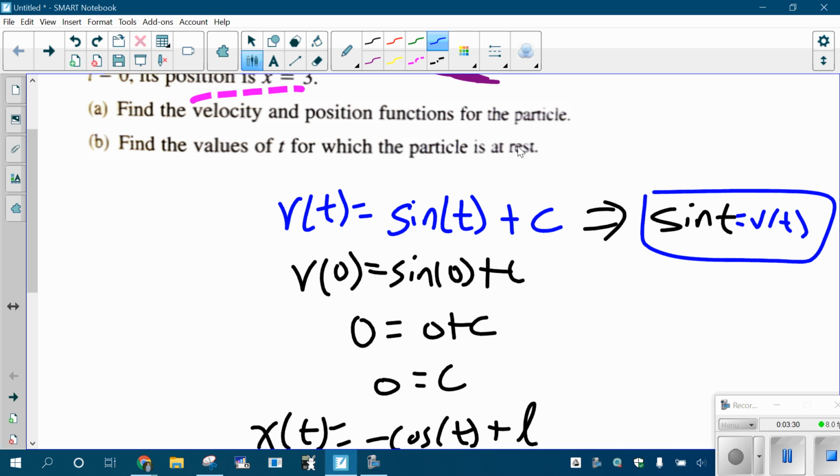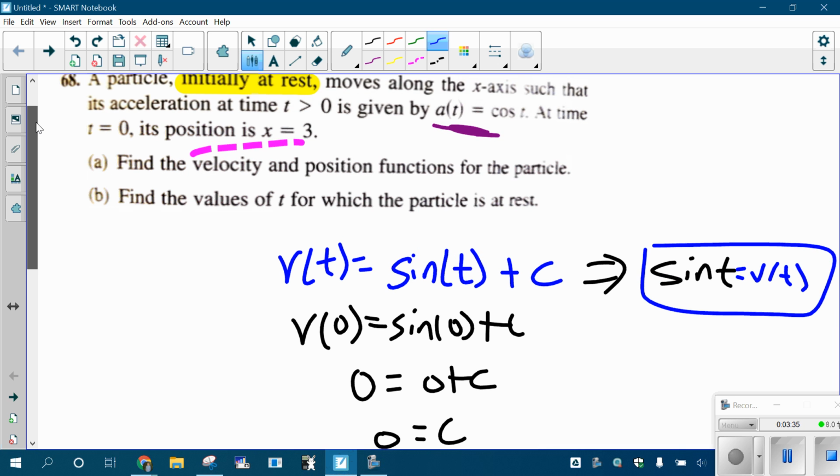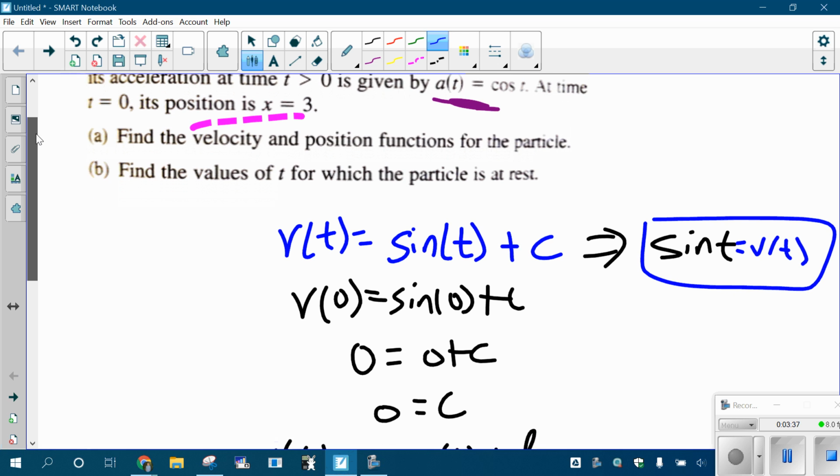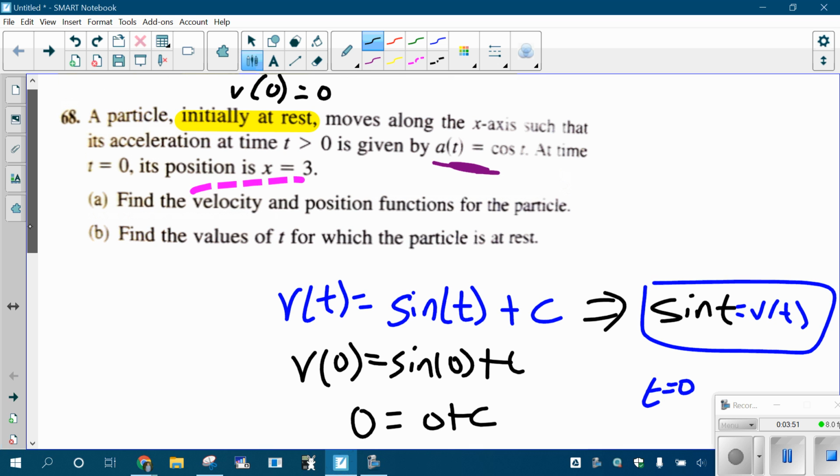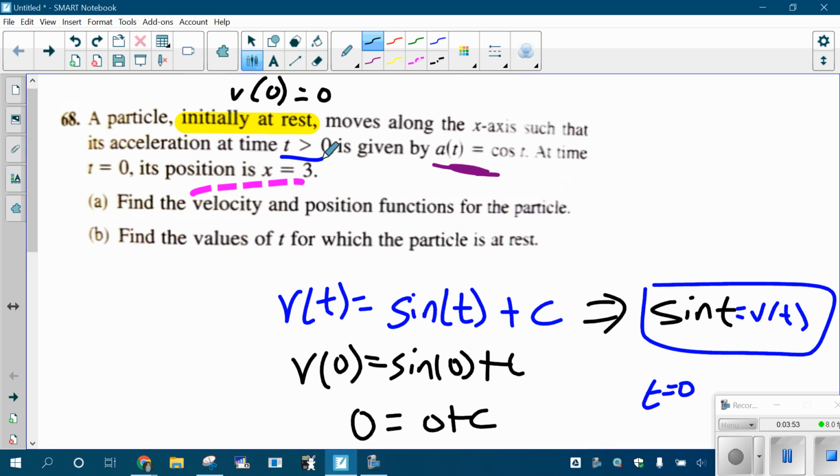Okay, so then for B, it says find the values of t for which the particle is at rest. At rest meaning the velocity equals 0. Well, when is the velocity going to equal 0? Well, when does sine of t equal 0? At t equals 0. Oh, but they just say this is for t greater than 0.